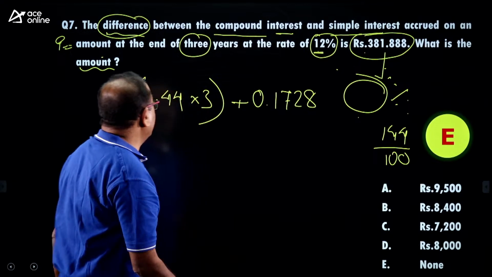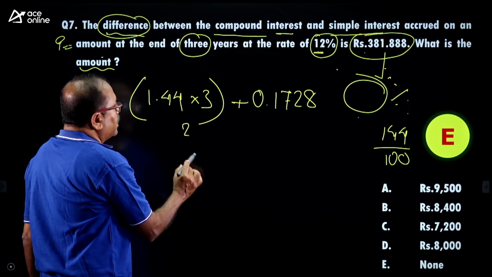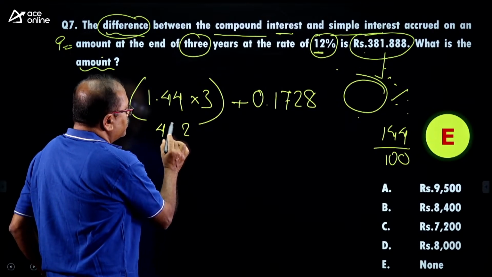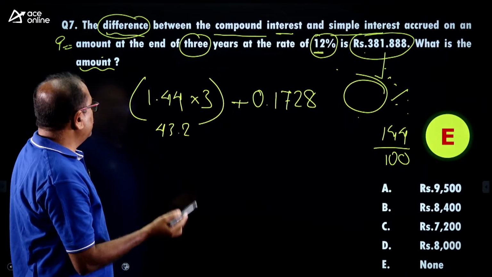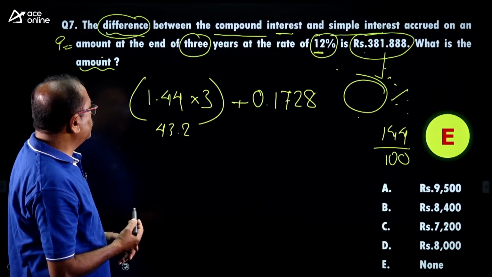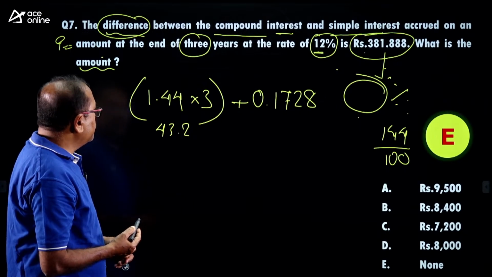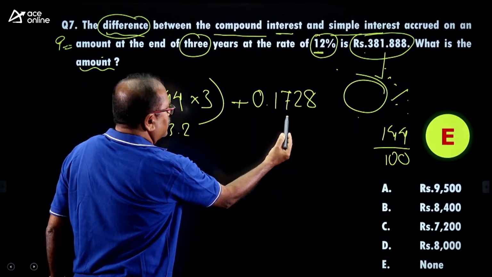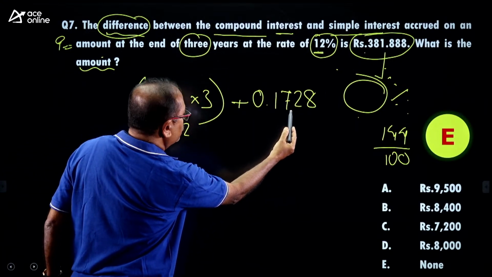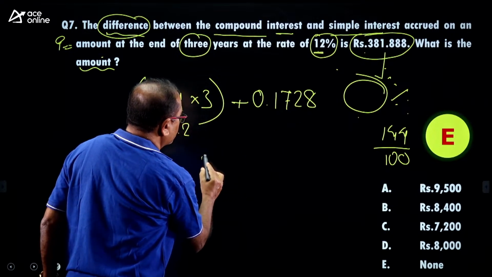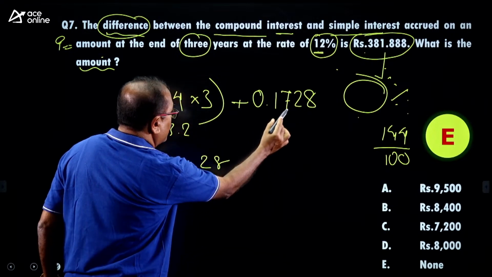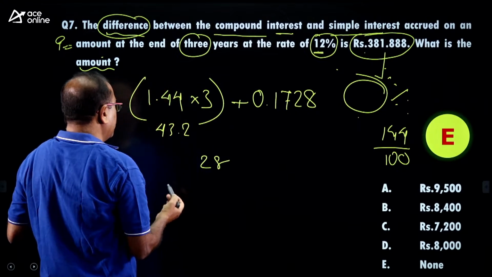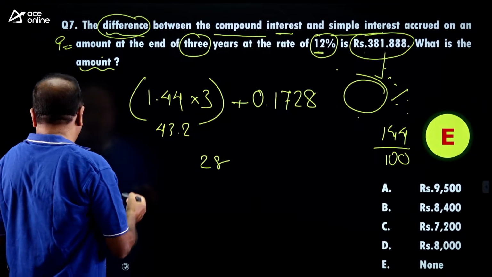I am writing down that one. That is 3, 4 is 12, carry 1, and 14, 3, 42, and 43. Done. And then add up this part. Here I notice there is some error in multiplication.